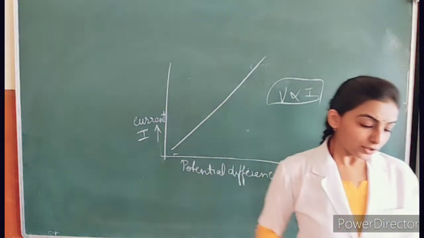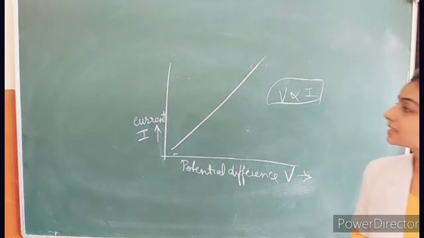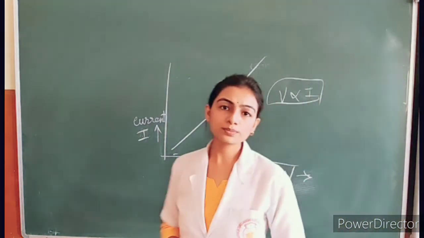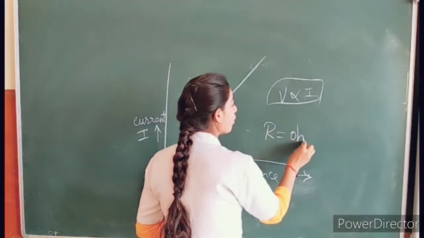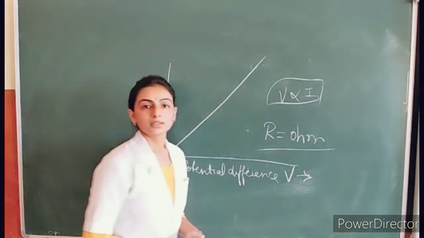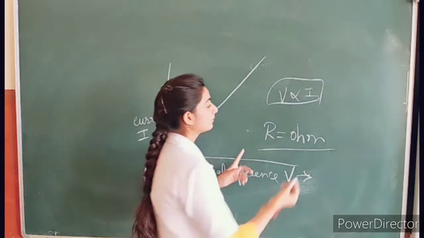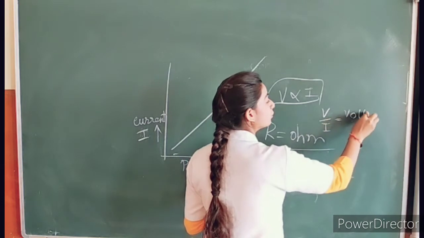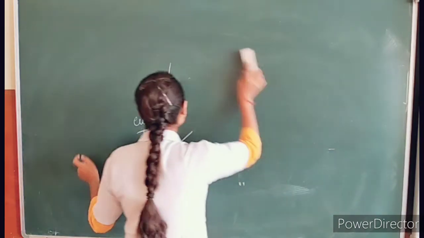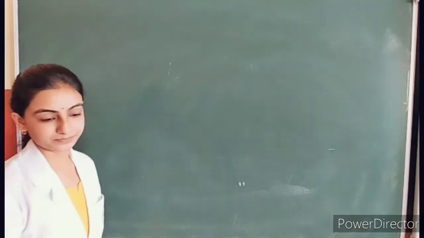Okay? So, what is the unit of R, resistance? That is ohm. Or we can say that V upon I means volt upon ampere.